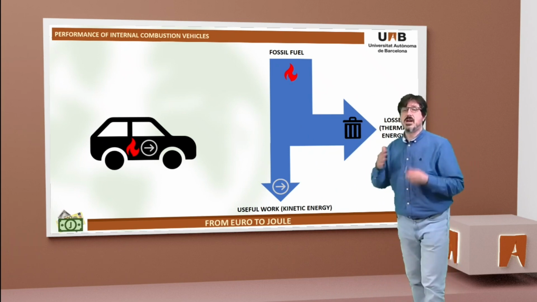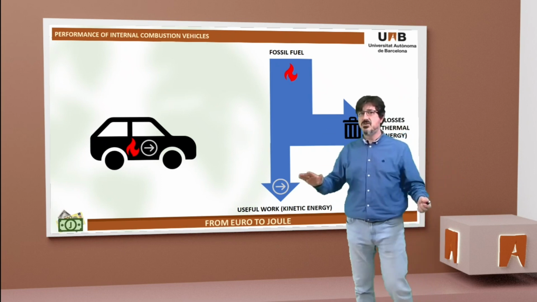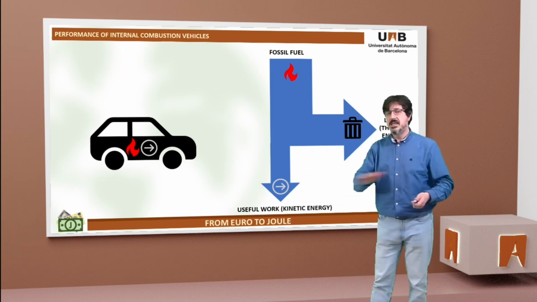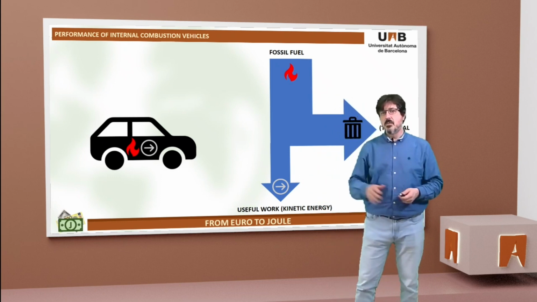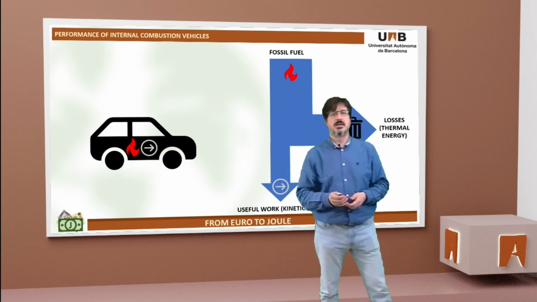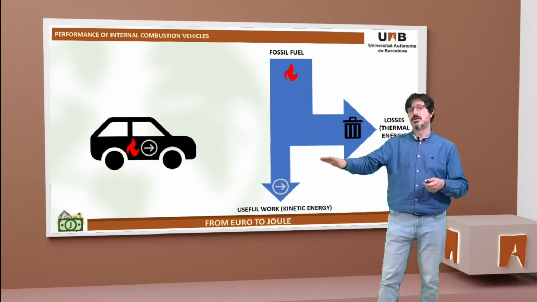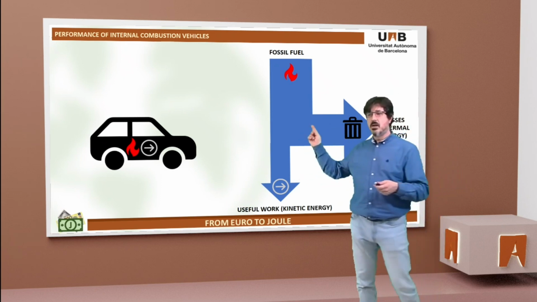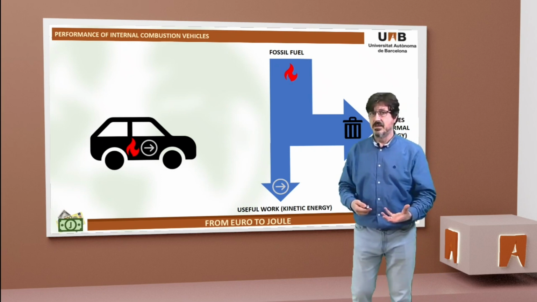You can notice that the losses are there because when you finish using your car, at the end of your movement, if you touch the car and the motor, you will see that it is so hot. So you will notice that lost energy in the form of thermal energy.